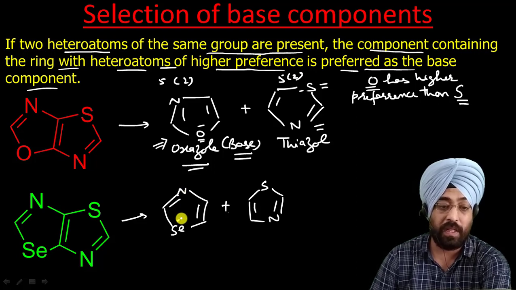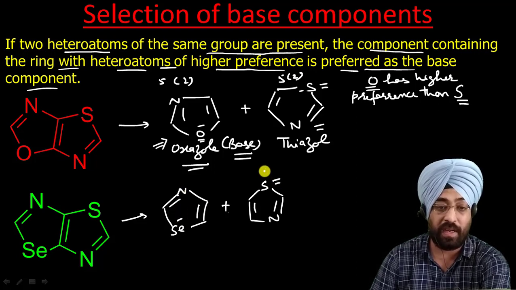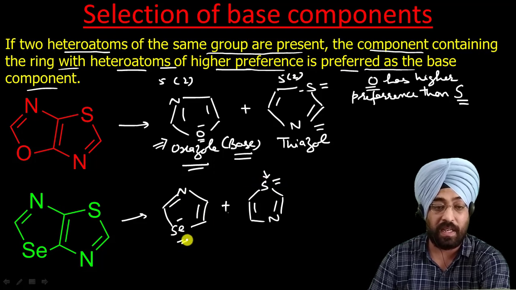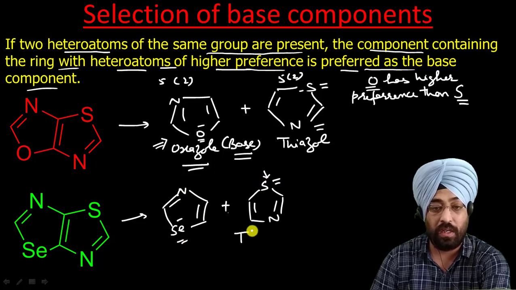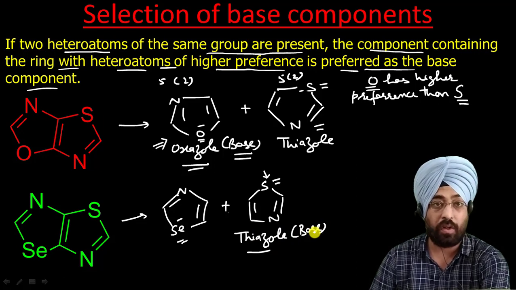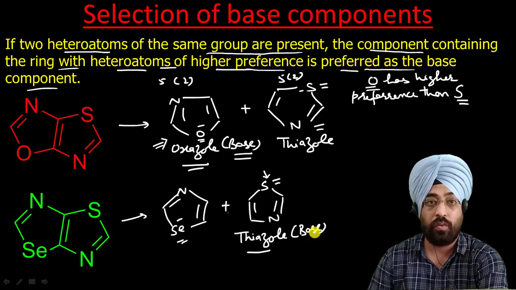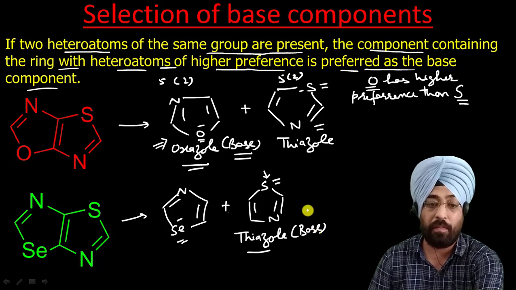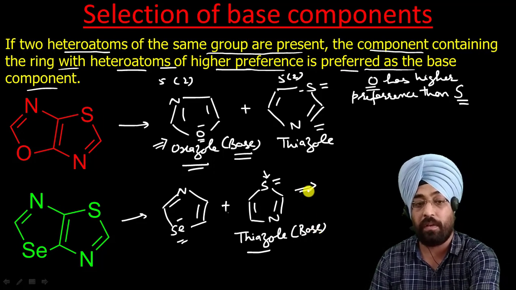Now we have to compare selenium and sulfur, and sulfur has higher preference than selenium. So this thiazole is the base component in this case. So we have to choose according to the preference in the table.